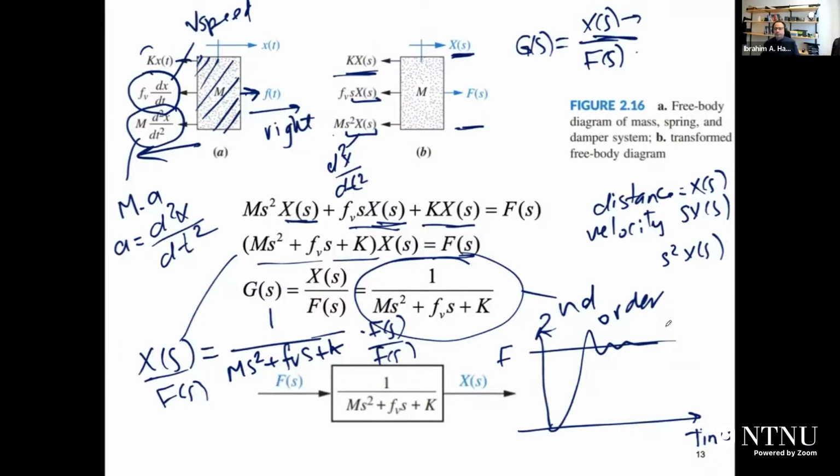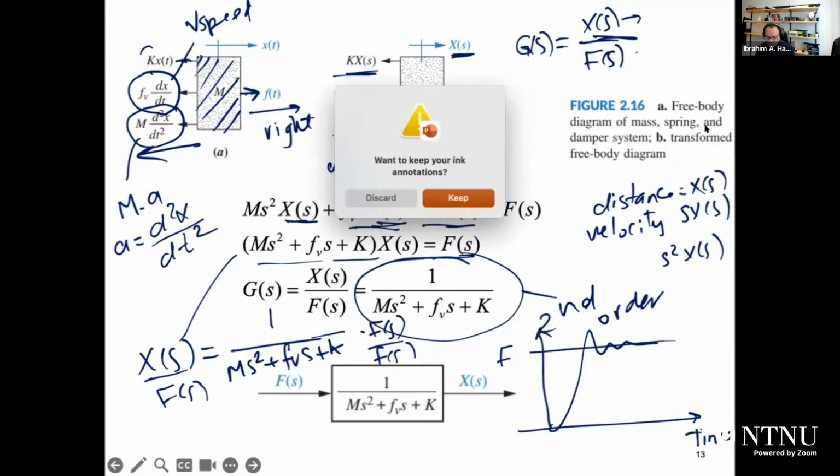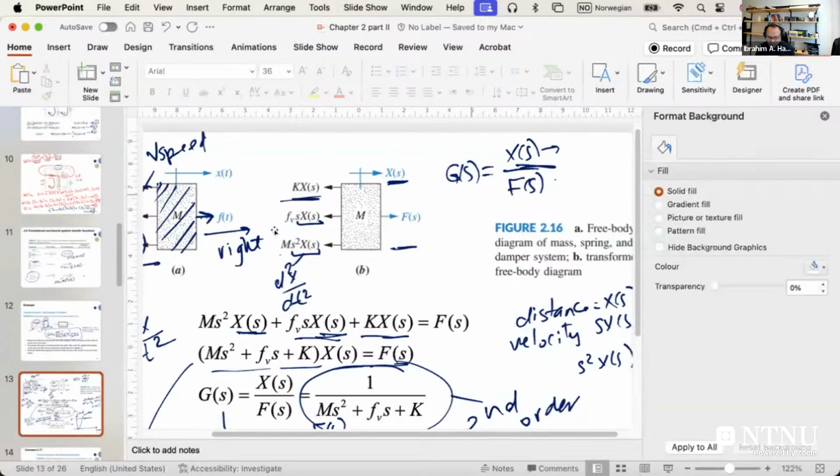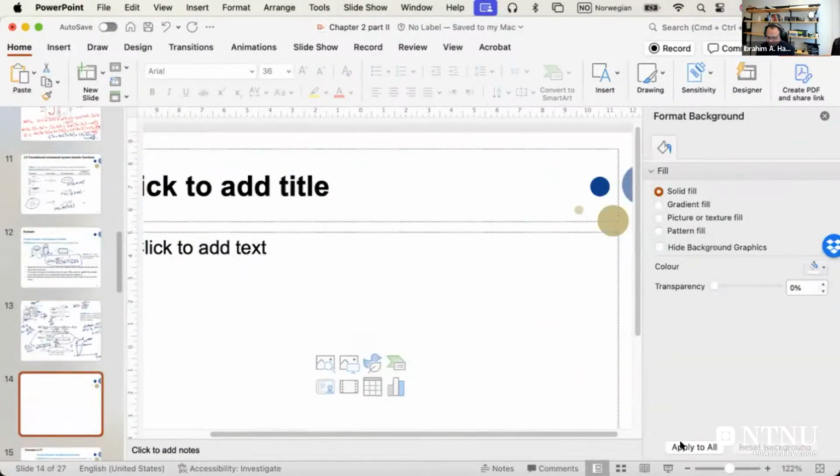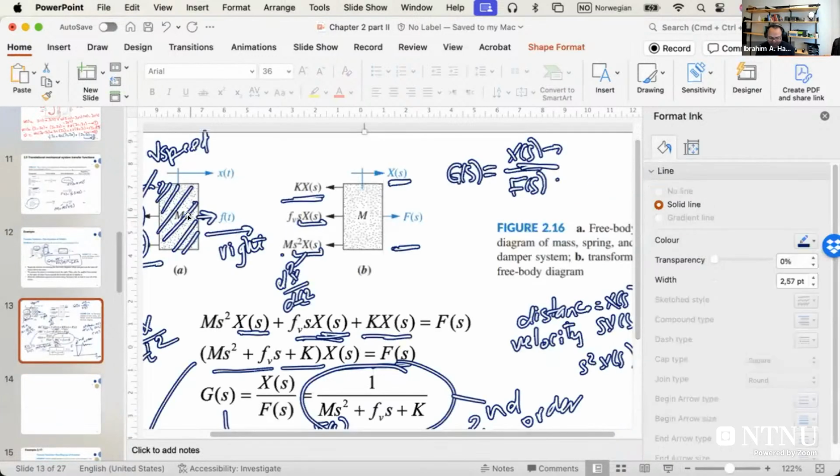Is it okay? Do you like to solve this one more time? Keep those changes. Yes. So I will draw it one more time, so we can solve it one more time. But maybe we can copy this.